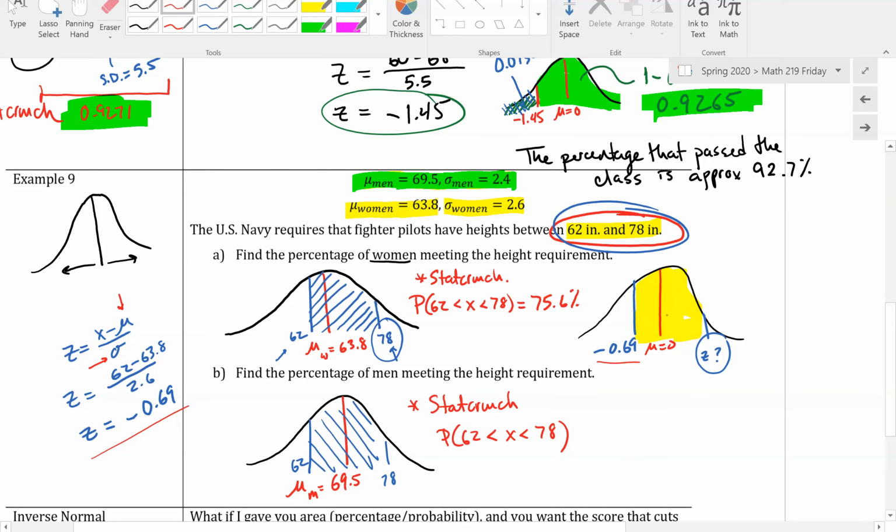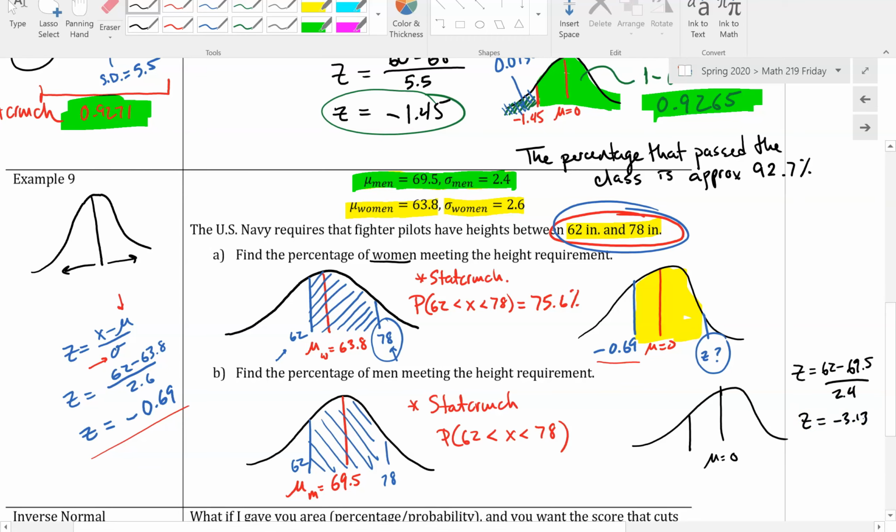Since I've got StatCrunch up, let me just show you one of the conversions. I don't want to do it that way because it's a pain. But if you do convert them to z-scores, you're on a standard normal curve now. For 62, if I take the data value minus the mean for men over the standard deviation, I get negative 3.13 if I round it.